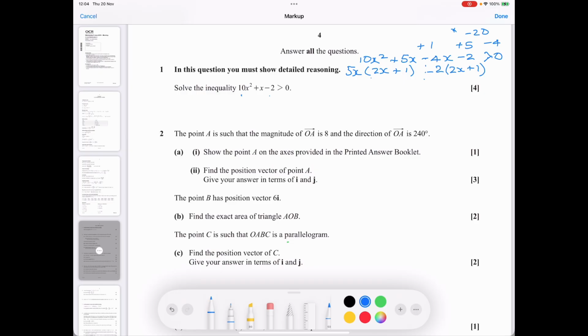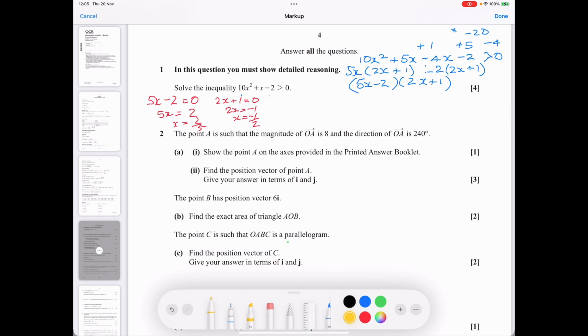So we know that this factorises to (5x minus 2)(2x plus 1). Now, if we make those equal 0, so 5x minus 2 equals 0, so 5x equals 2, so x equals 2 over 5, and 2x plus 1 equals 0, so 2x equals negative 1, x equals negative 1 over 2.